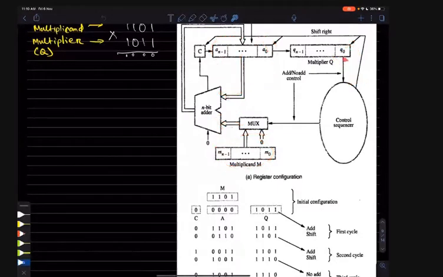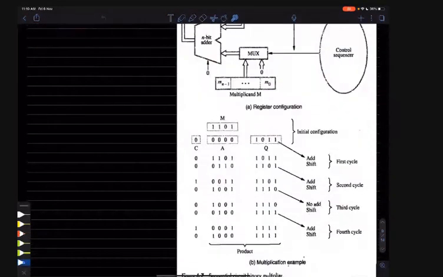If the last bit is 0, there is no addition, only a shift operation will be performed. If the last bit is 1, there will be an add operation, and whenever it is an add operation, the M and A values will be added.